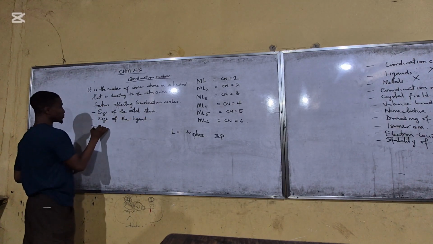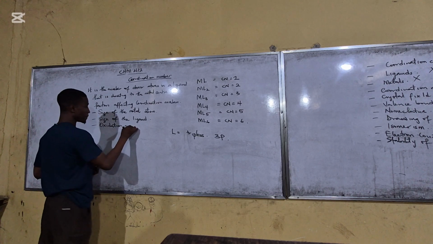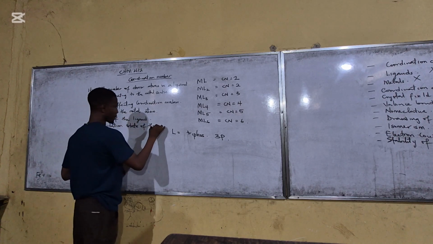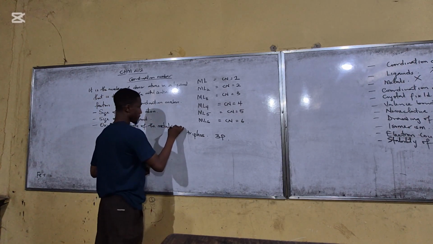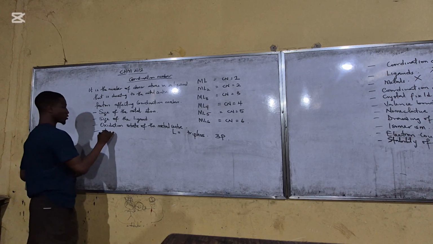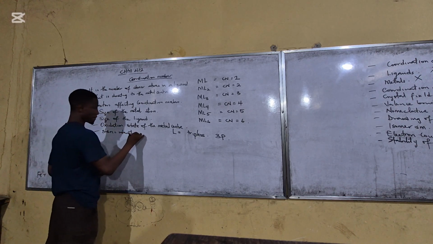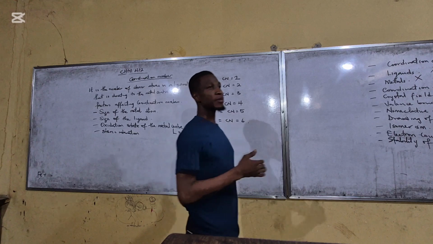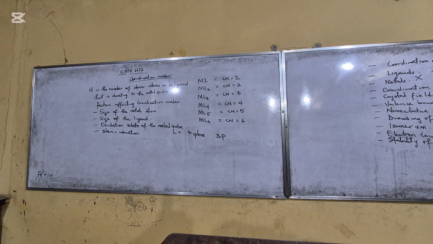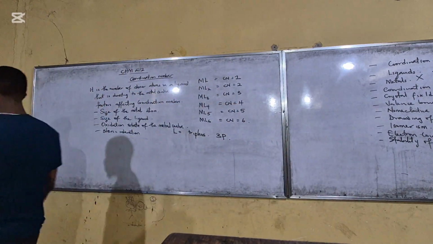We also have the oxidation number or oxidation state of the metal center. I like to also add this one, steric interaction. So we have size of the metal atom, size of the ligand, oxidation state, and steric interaction.